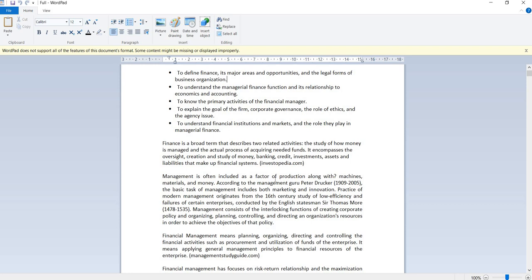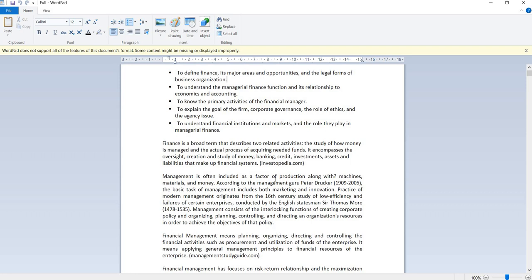It encompasses the oversight, creation, and study of money, banking, credits, investments, assets, and liabilities that make up financial systems. Next, what is management? Management is often included as a factor of production along with machines, materials, and money.